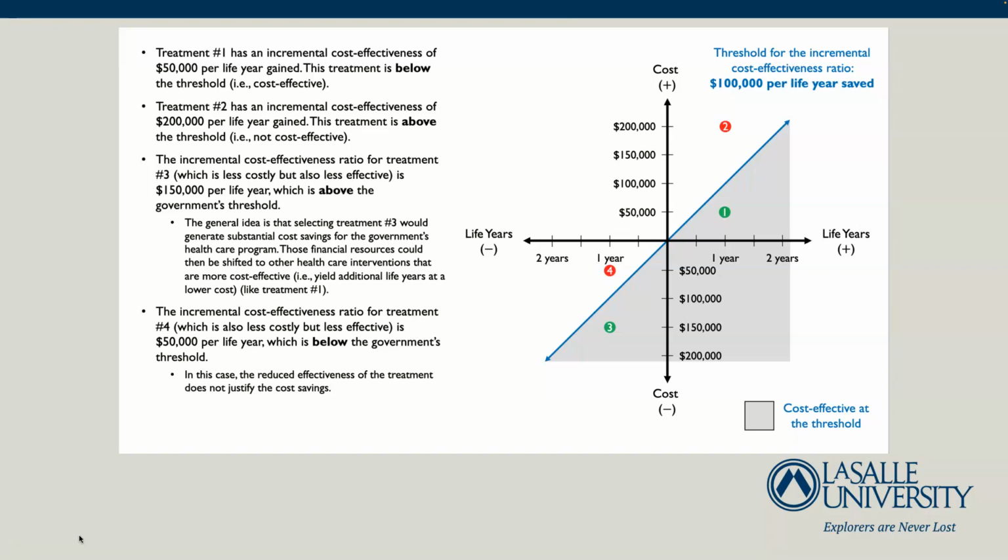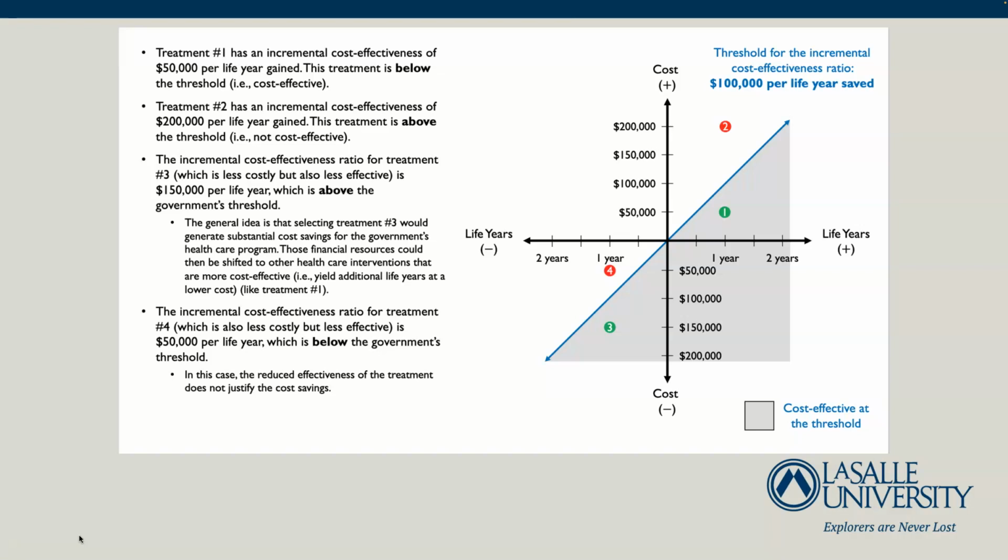Treatment number three has an incremental cost effectiveness ratio of $150,000 per life year, which is above the government's threshold. Again, the general idea is that selecting treatment number three would generate substantial cost savings for the government healthcare program, for instance, and those financial resources could then be shifted to other healthcare interventions that are more cost effective and which yield additional life years at lower cost, like treatment number one.